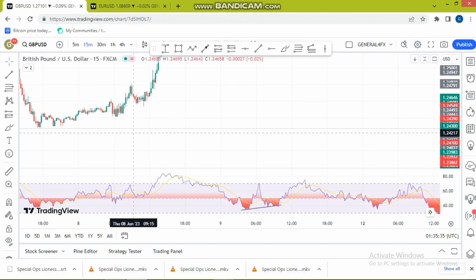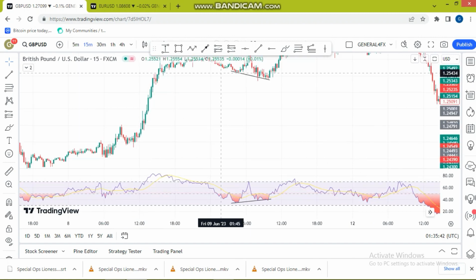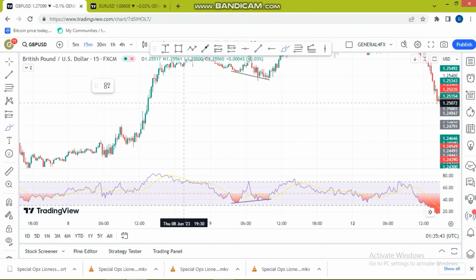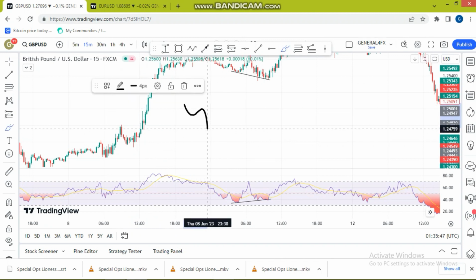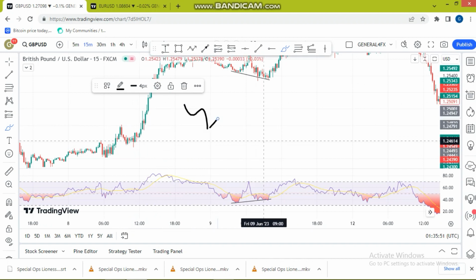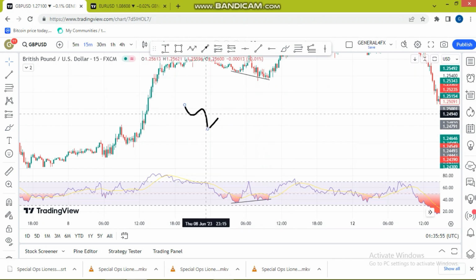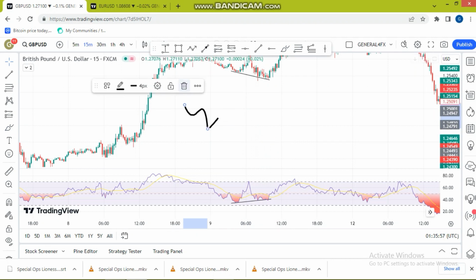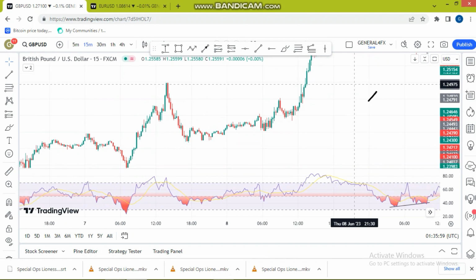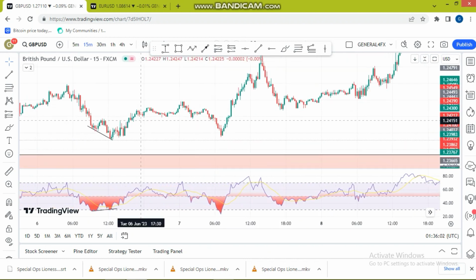I don't know if you get what I'm trying to say. Let me do an example. Price is making probably a lower low, and your oscillator is making a higher high. Do you understand that? Let's get to it now. Now look at this example right here on this bullish market.